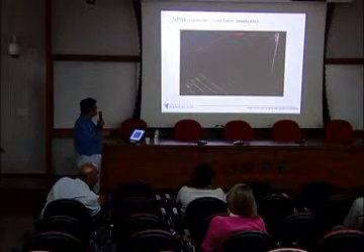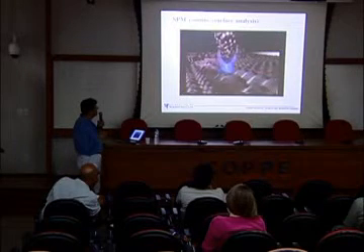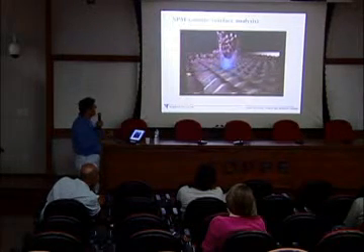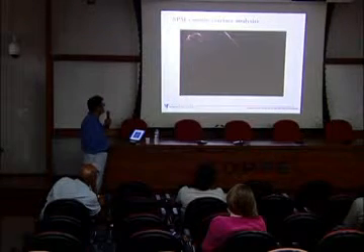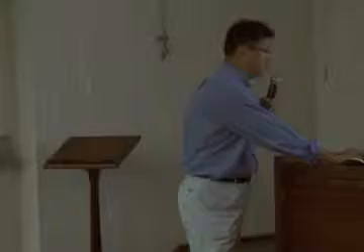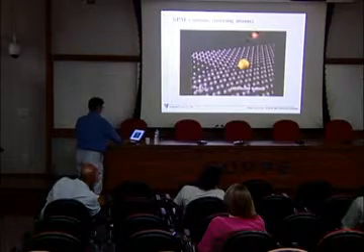So we scan the surface in one way, and then the scans can be put together, assembled, to have the whole morphology of the surface. So this tool can be used to scan the surface and at the same time pattern the surface. Okay? So that's the SPM lithography.